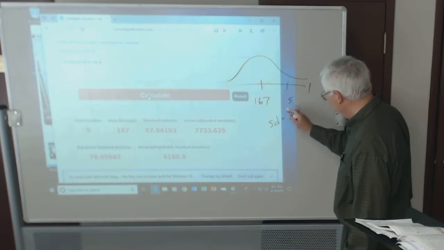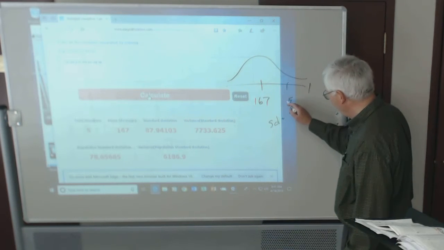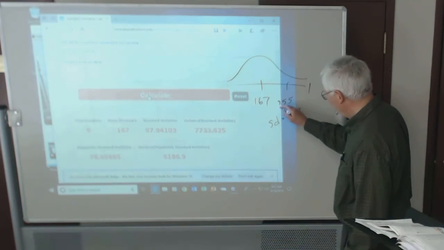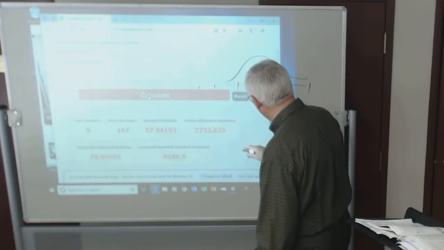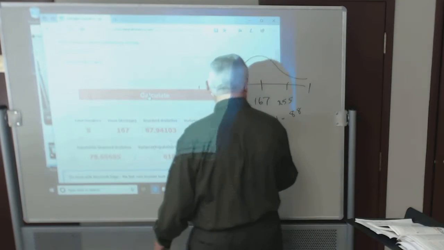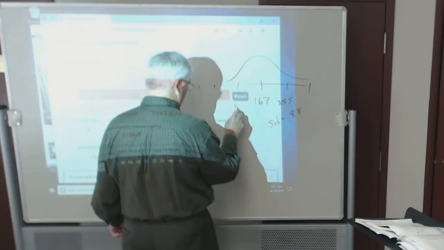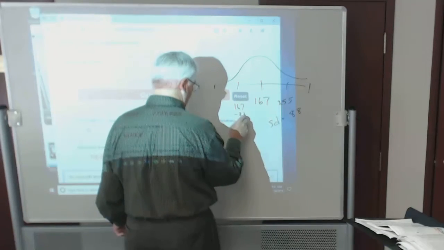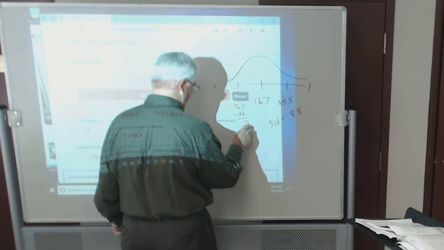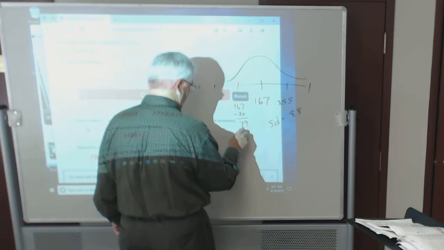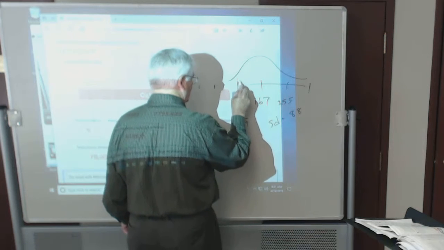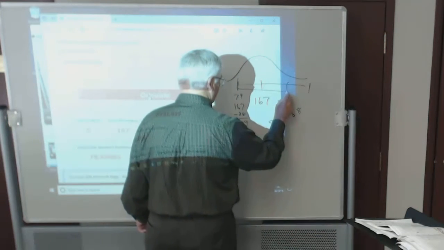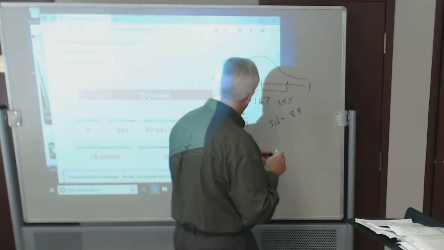That's 255. And one standard deviation below is going to be minus 88. $79.